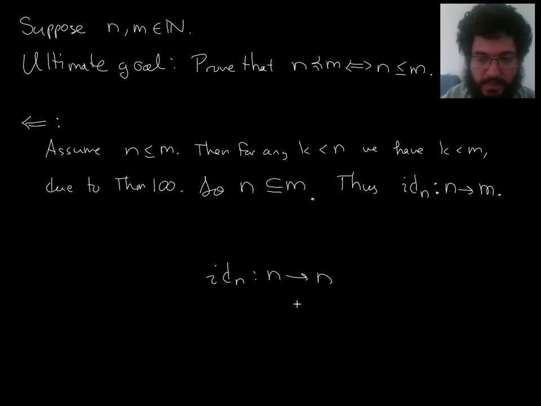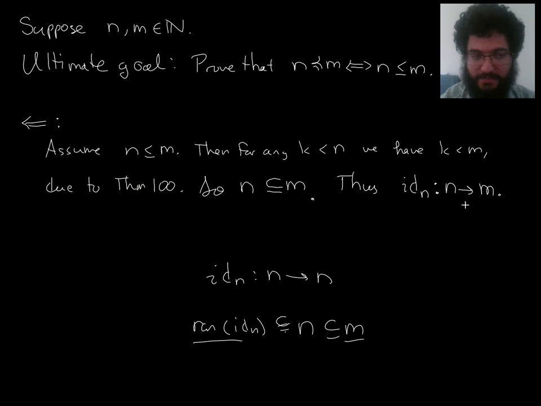So we know this by that result. But then this tells us the range of the identity function. I mean, it is actually equal to n, but this just tells us that it's a subset of n. Since n is a subset of m, we have this, and so this is a subset of that. And so this is justified.